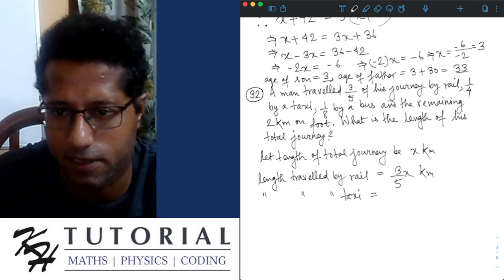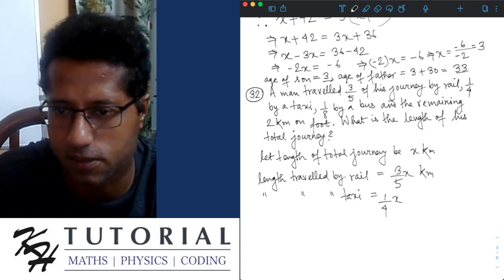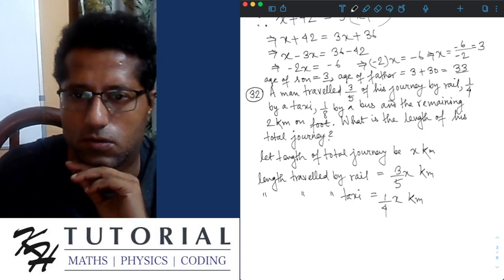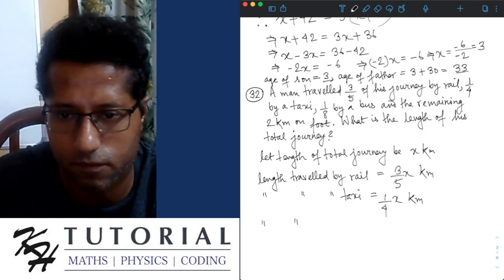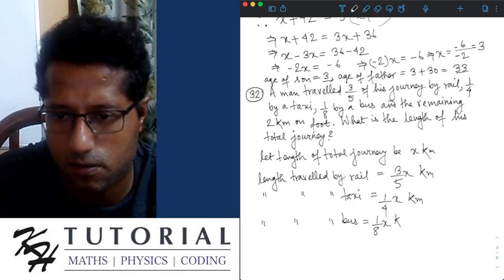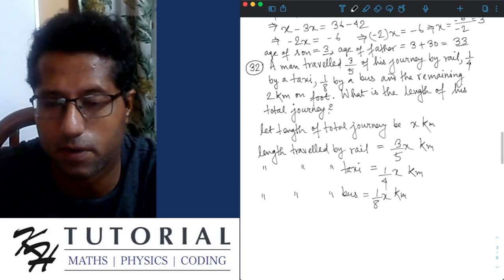So length traveled by taxi is 1/4 of the total journey, that is 1/4 x kilometer. And 1/8 by a bus. So length traveled by bus is 1/8 of the total journey, that is 1/8 x kilometer, and the remaining 2 km on foot.